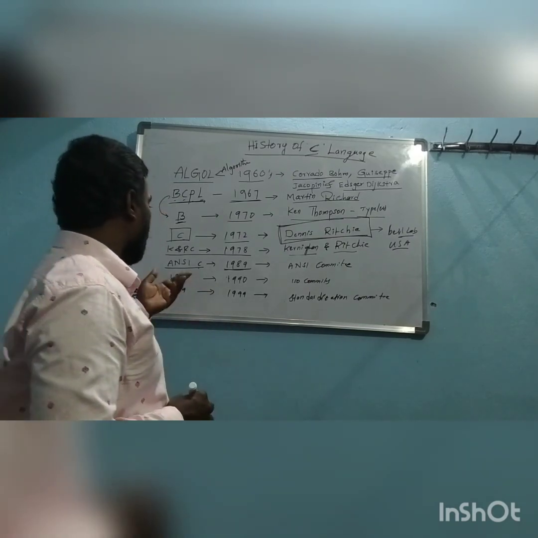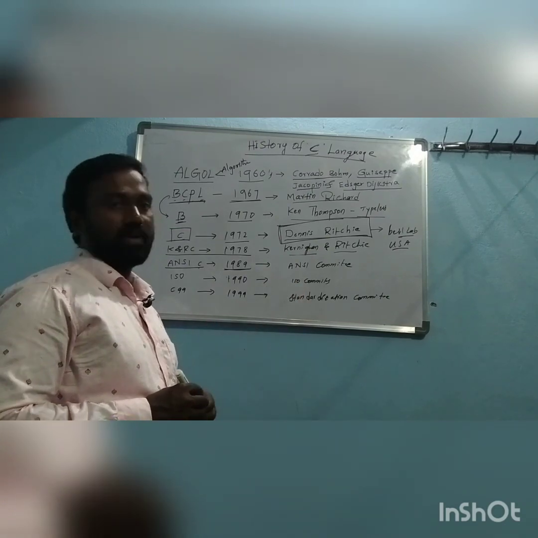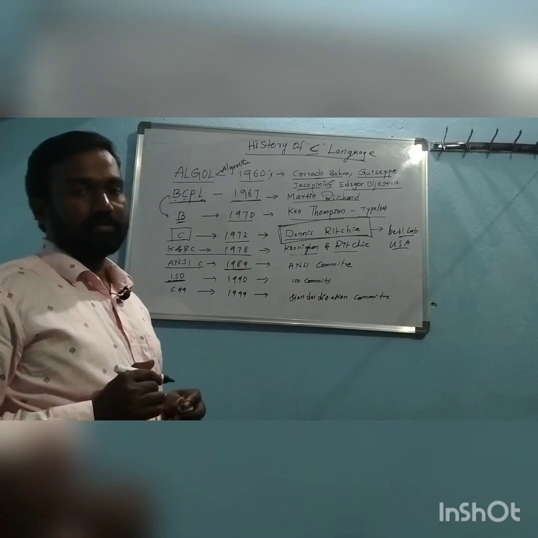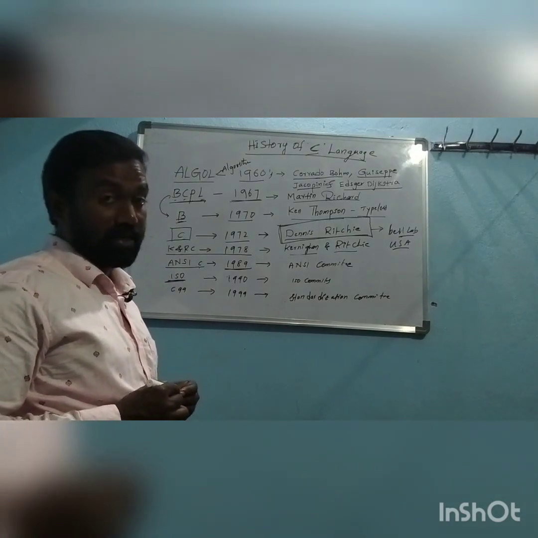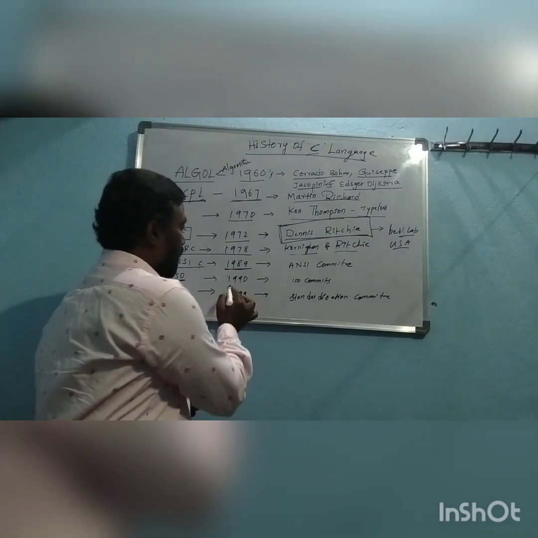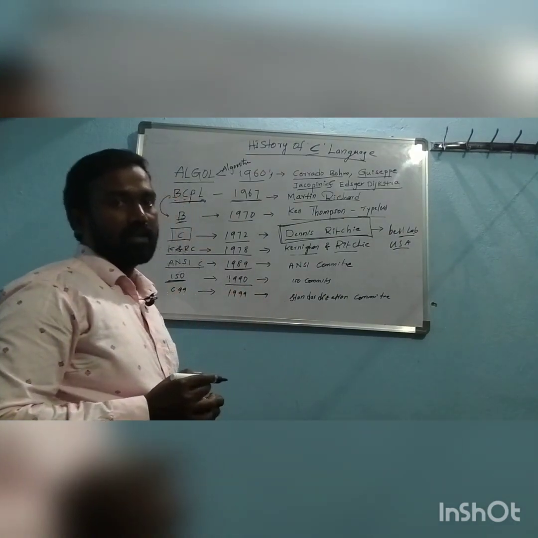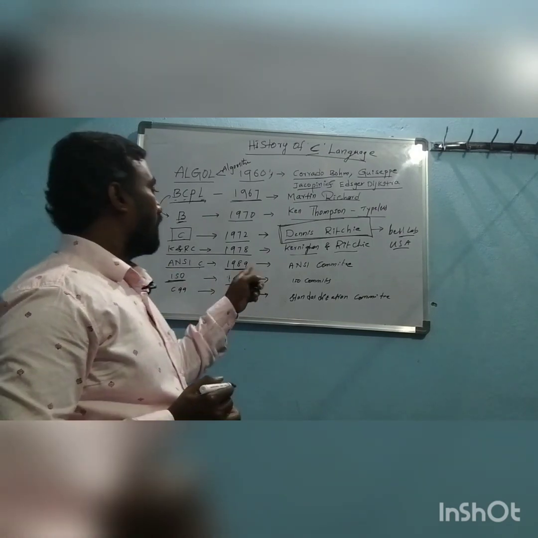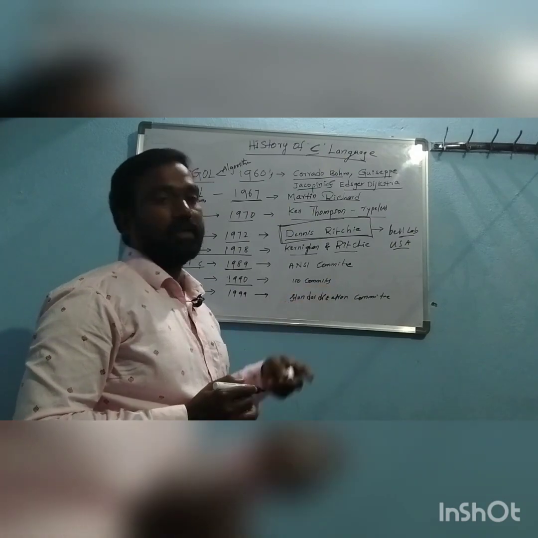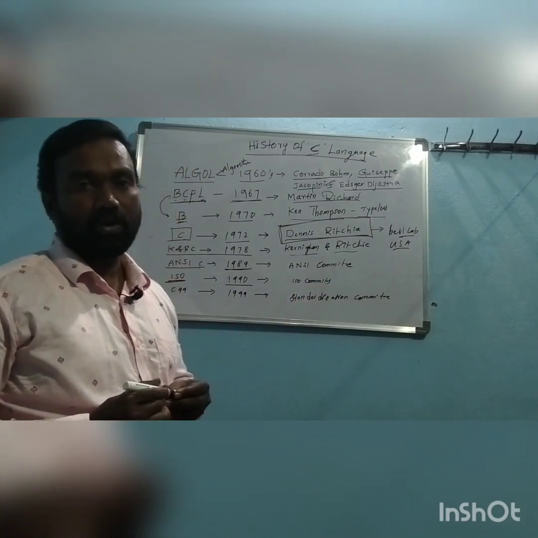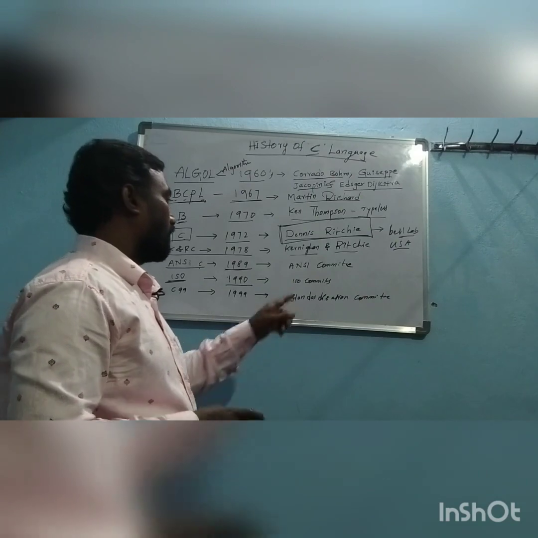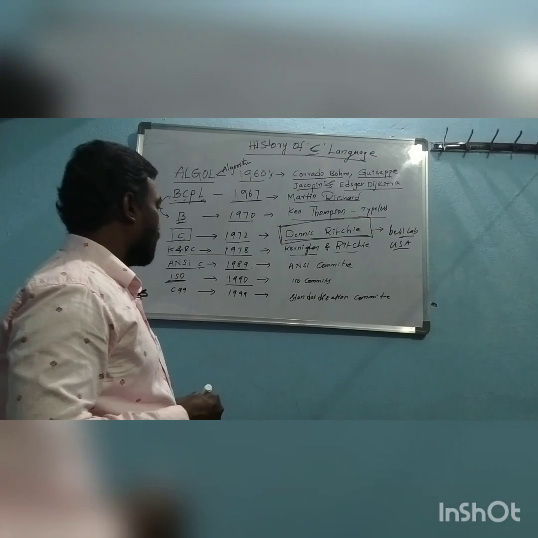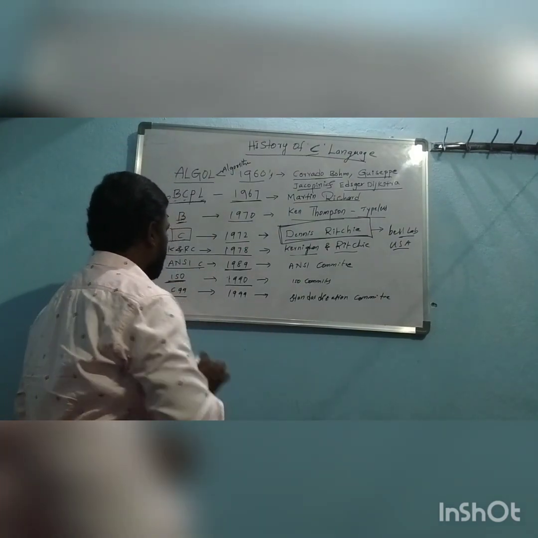In the same way, C has ISO certification, that means International Standards Organization. The International Standards Organization gave the name in 1990, that is ISO C. That name was given to the C programming language by the ISO committee.